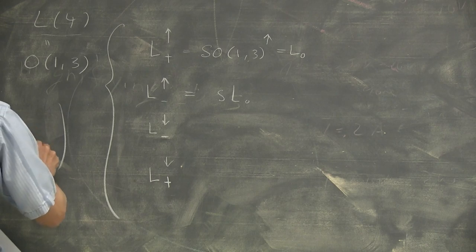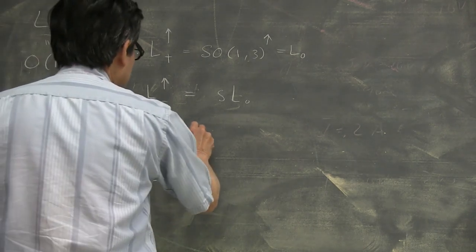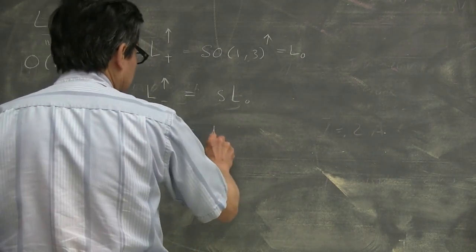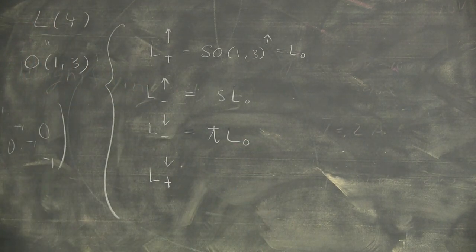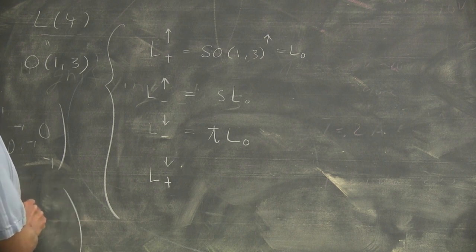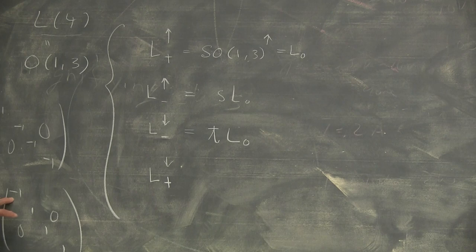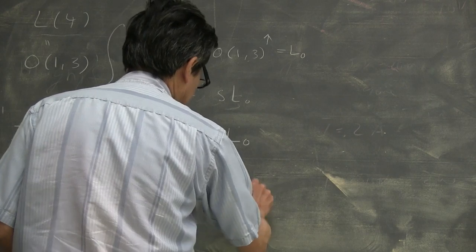So -1, -1, -1, 1. Now this one can be written as time inversion multiplied by L sub 0. But the time inversion is actually the same as the metric tensor, 1, 1, 1, 0, 0. Okay, so it only flips the time coordinate. The spatial ones are not flipped. This one is ST L sub 0.